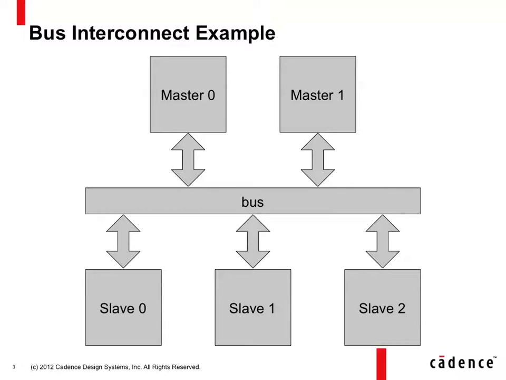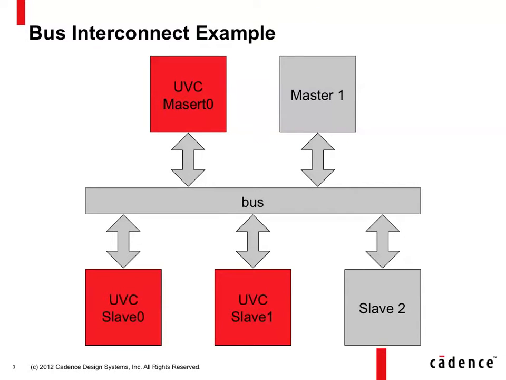This also allows you, if you have an incomplete system or you want to test particular aspects, to replace an existing hardware system with a UVC, like here, to give you more controllability. Maybe you even narrow it down a lot and you have full or more control to test a particular corner case scenario. So in the end, the interface UVC needs to be very flexible to adapt to any need you have for a particular interface and any particular test application.